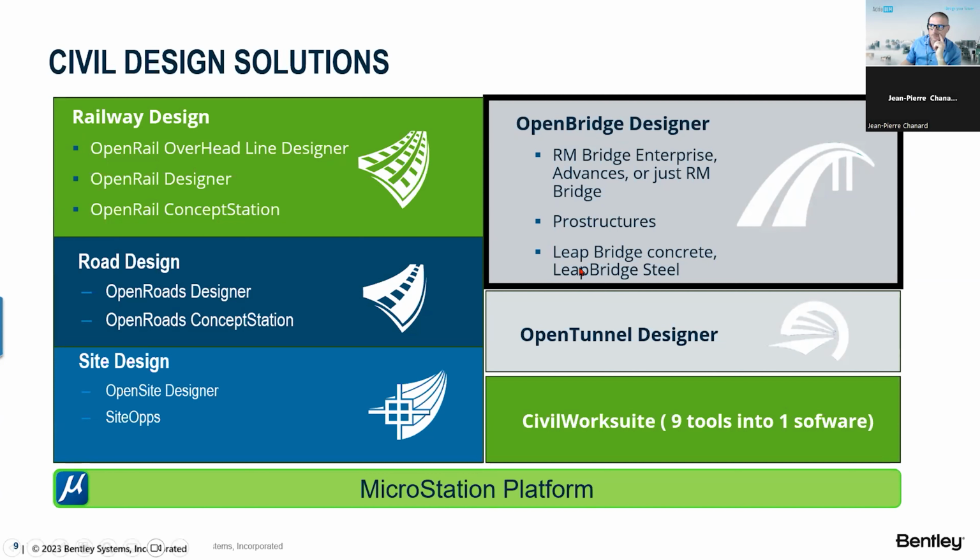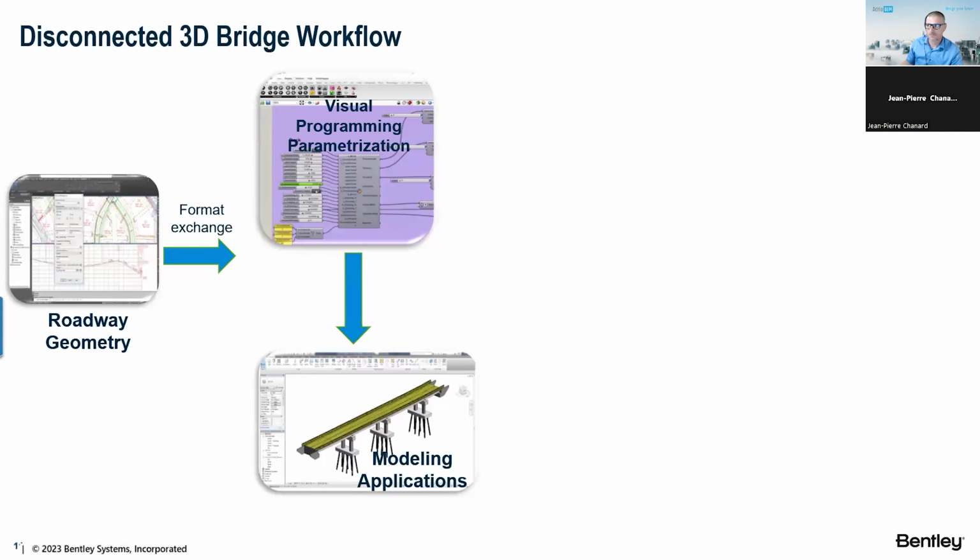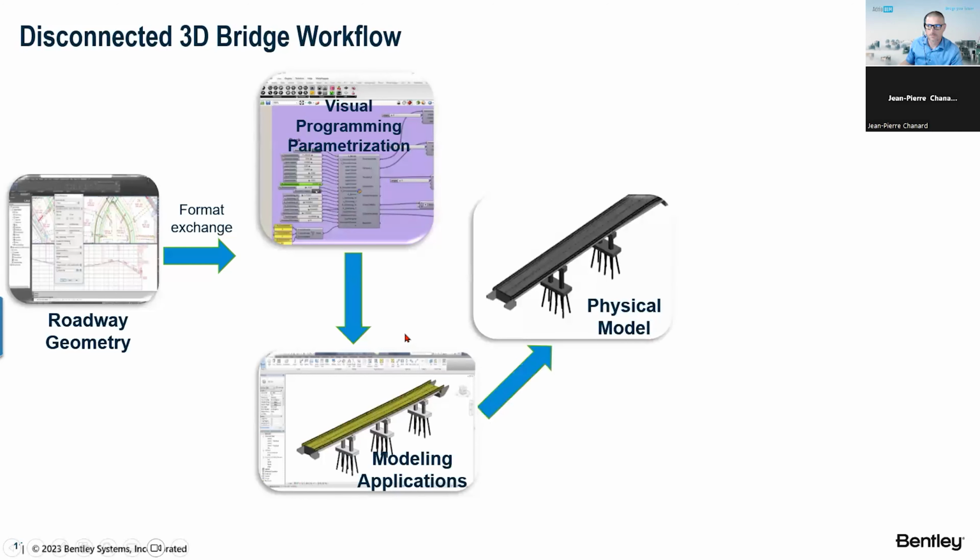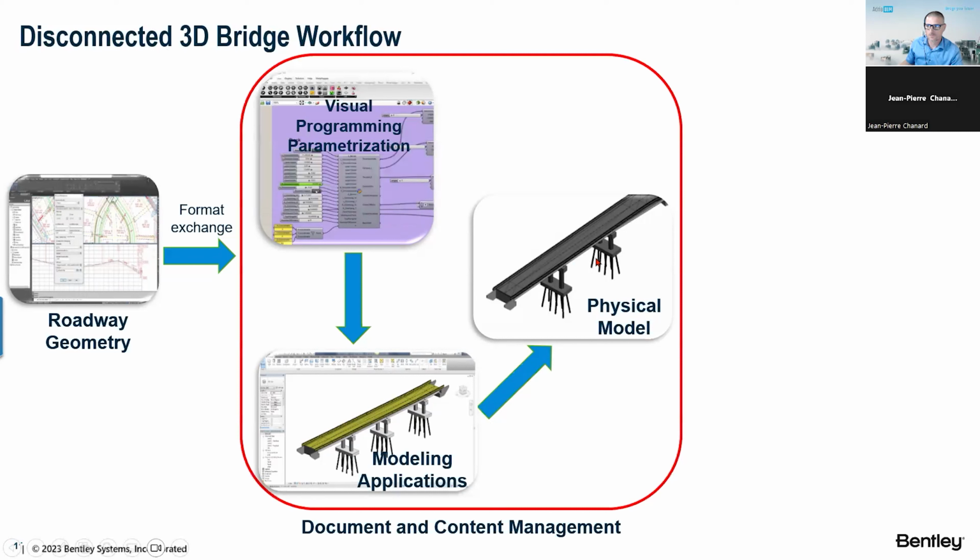If we look at the bridge workflow today, what we find in many companies is the use of different software. We start anyway from the roadway geometry. Then people sometimes use parameterization software, creating some models. From those models, they create what we call a physical model.